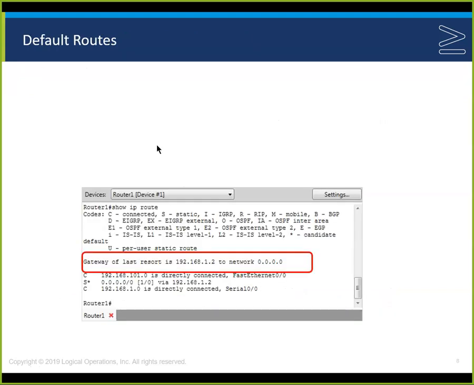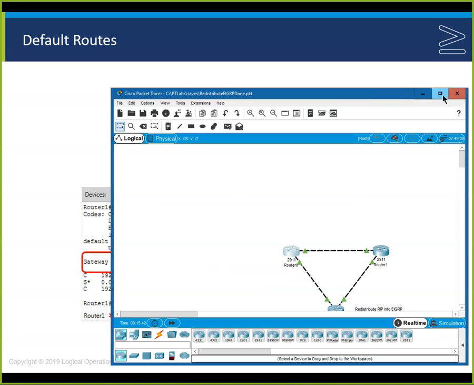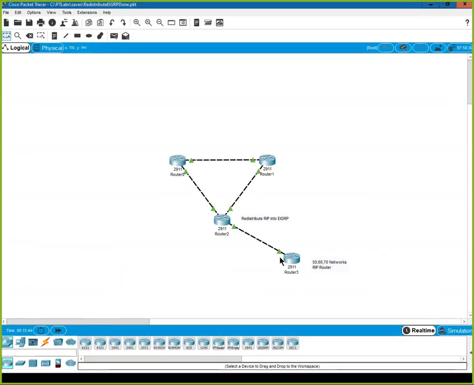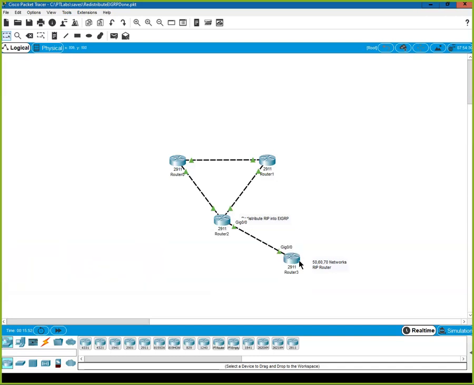The default route, also called the gateway of last resort, and we can do one of those here, since we can't actually do a default route on this interface. Gig 0/0, what I need is the IP address of the next one. So gig 0/0, 192.168.50.2.